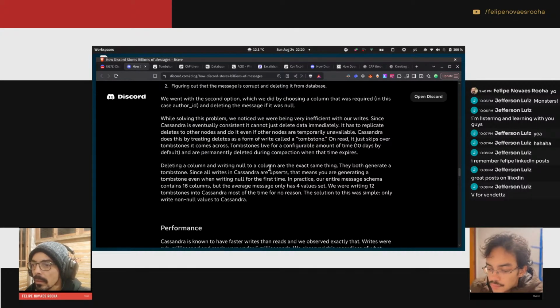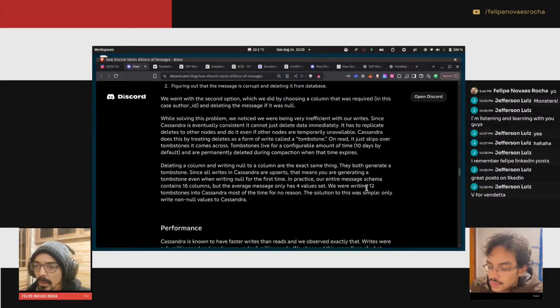Okay, so let's see where we stopped. About generate a tombstone. Since all writes in Cassandra are upserts, that means you generate a tombstone even with the writing new for the first time. In practice, our entire message schema contains 16 columns, but the average message only has 4 values set.